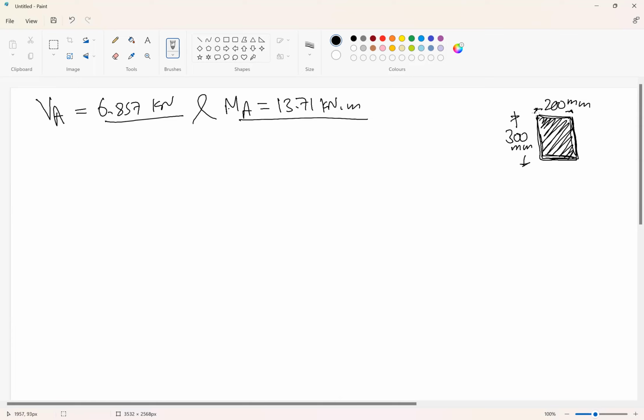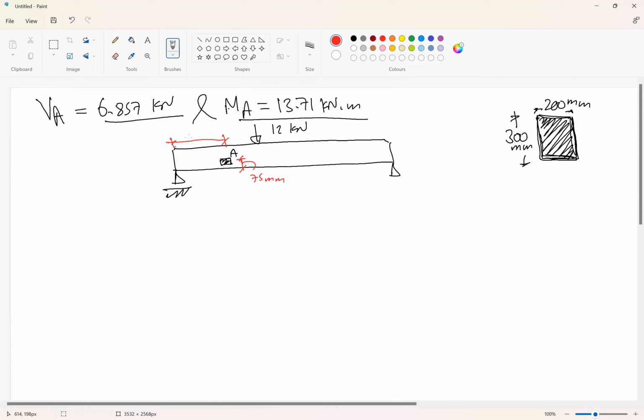Okay, and again, this is our beam with the 12 kilonewton load, and this is the element you are looking at, point A, located 75 millimeter from the bottom and 2 meters from support B here.